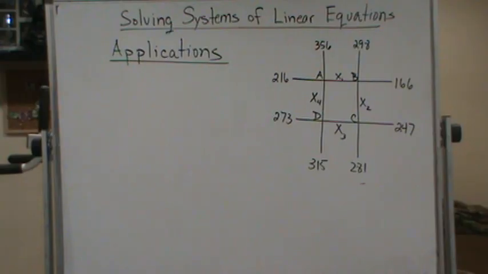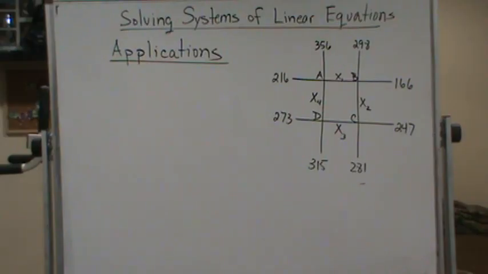The other numbers in the figure indicate other flow rates moving into and out of intersections A, B, C, and D.